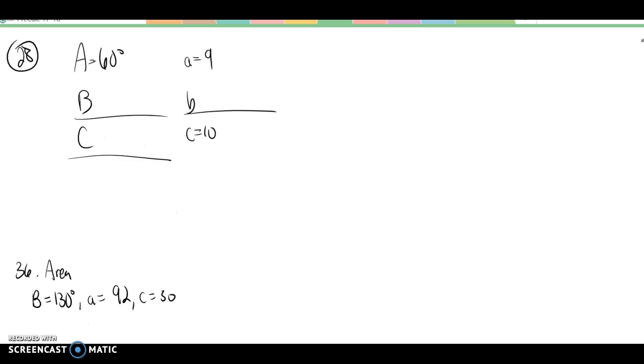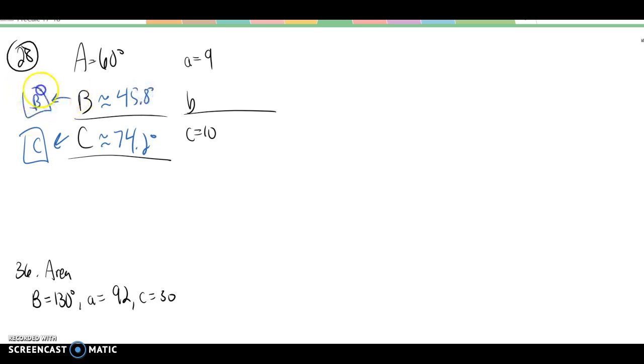This is problem number 28. It's a side-side angle example. So if you use the law of sines, you'll get angle C to come out to about 74.2 degrees. And because it's a side-side angle, I'd encourage you to then store that value, about 74.21 degrees, and then take 180 minus 60 minus this value for C. That will give you what's left over for angle B at about 45.8 degrees.